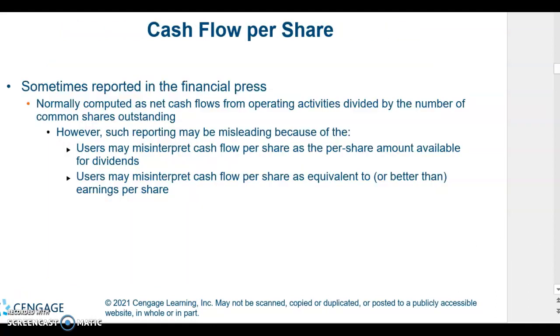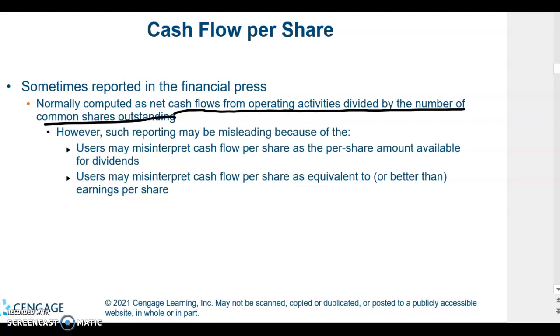So cash flow per share is a ratio that investors often compute. It's computed as net cash flows from operating activities divided by the number of common shares outstanding.